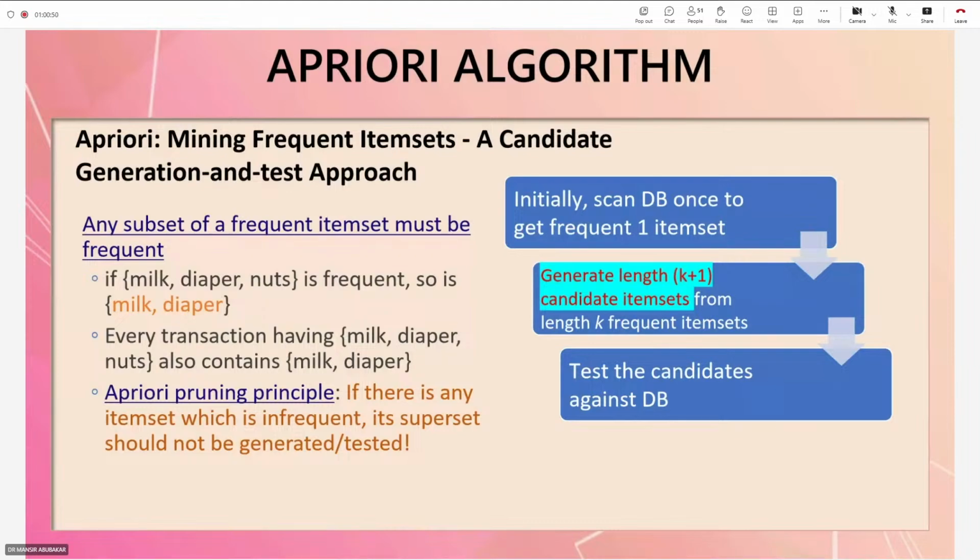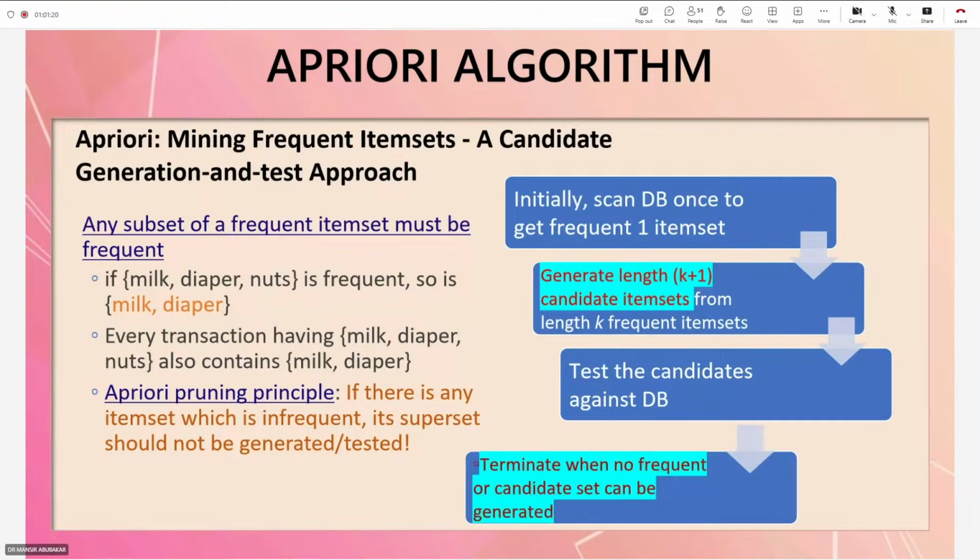So this is why we say that this candidate generation and test approach sometimes makes it more time consuming, because it has to scan the whole database, get the frequent items, scan again, generate the length K plus 1, where you have another item set, let's say 2 item sets. Then from the length-K frequent item sets, you also test with the data set.